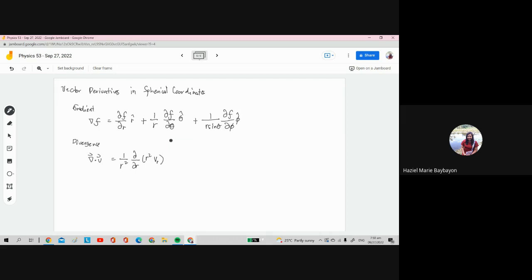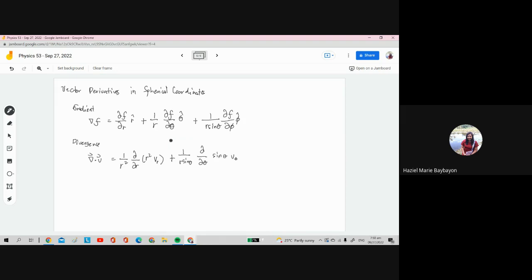Okay? Plus 1 over r sine theta multiplied by the partial derivative with respect to theta of sine theta v theta.